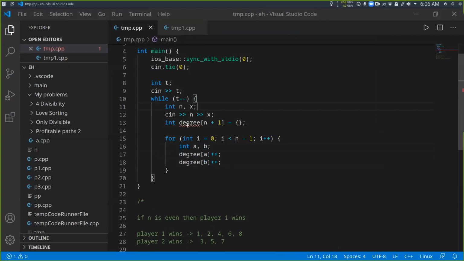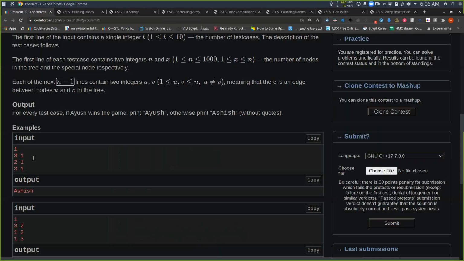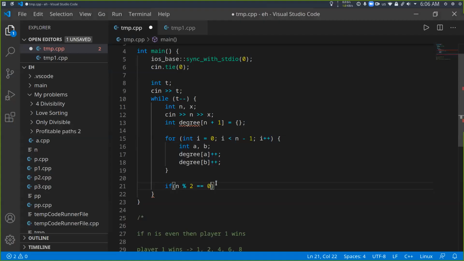And then, that's it. Now we are saying that if n mod 2 equals 0, then player 1 wins. Who is player 1? Ayush. So Ayush is player 1. So if n mod 2 equals 0, or n equals 1 actually, or degree of x equals 1, then it's only connected to one node and it's a leaf.